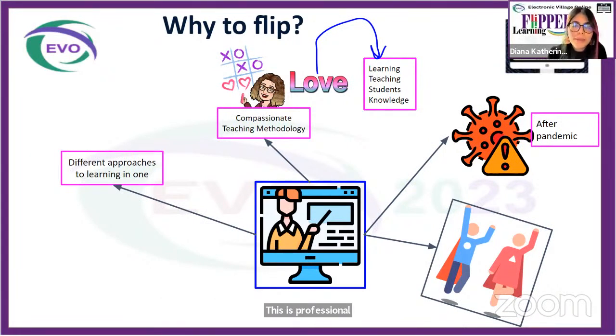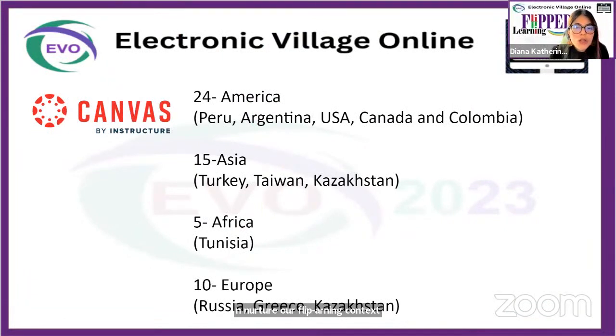EVO, with all of the courses going on, we don't just talk about flipped learning, but other things that can nurture our flipped learning context. So for this year, we used Canvas infrastructure in order for our attendees to access the content of our course.